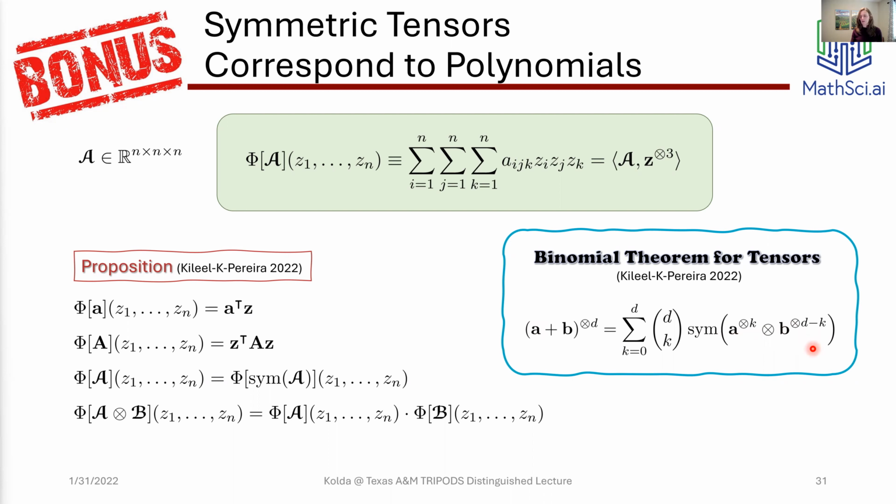We're going to use the spirit of these ideas in our results. I won't go through the details, but that gives you an idea. And this is because of the power of these polynomial representations. You can say things like this. Any questions on this tensor stuff?